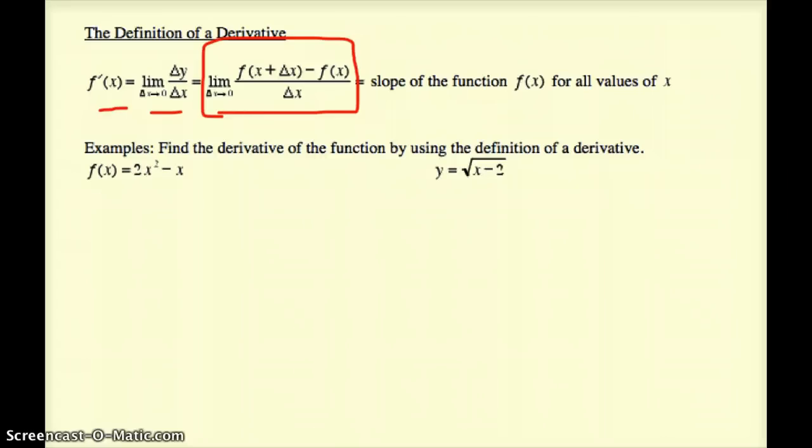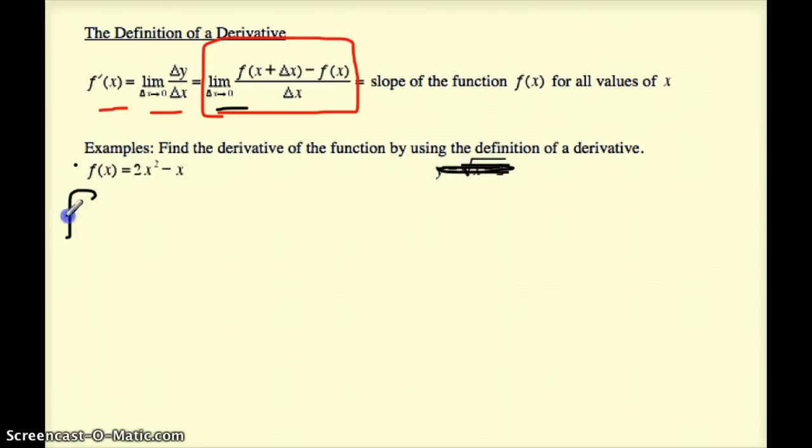Okay, so I'm going to move this away for now and we'll get back to that later on. But I want to take a look at this first function right here. f of x is equal to 2x squared minus x, and it says find the derivative of the function by using the definition of a derivative. So what I'm going to do is take this equation and use it to solve for f prime of x.